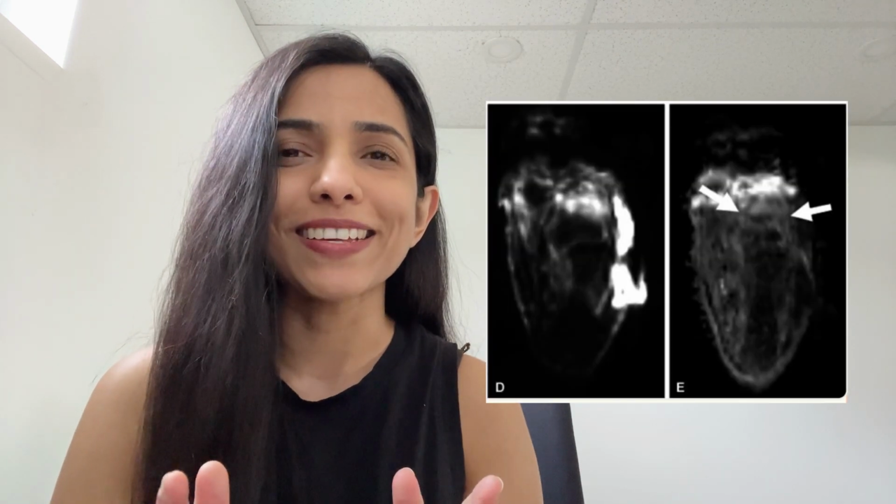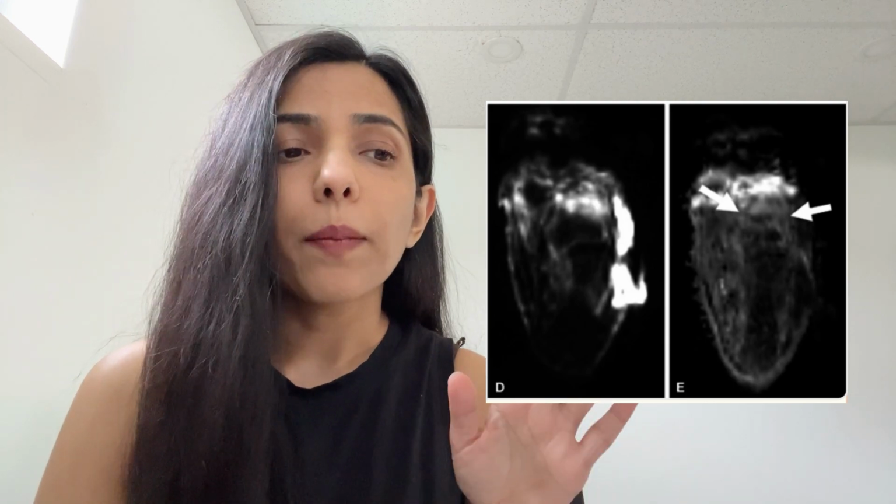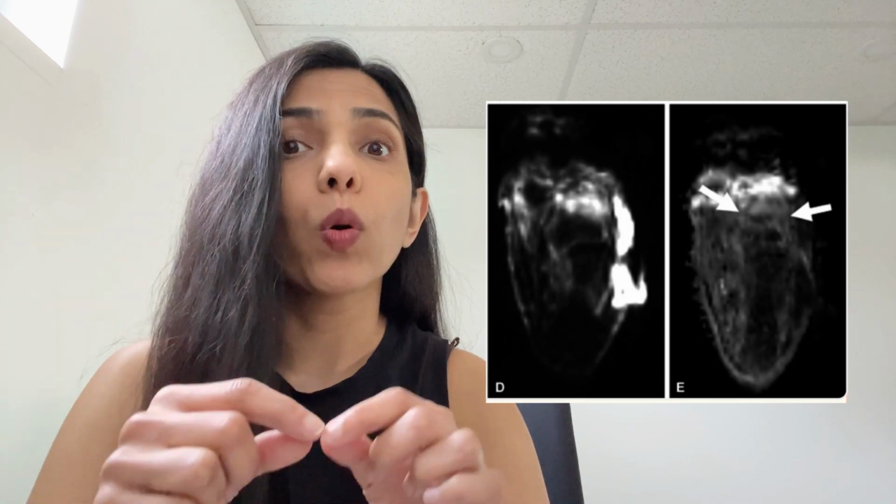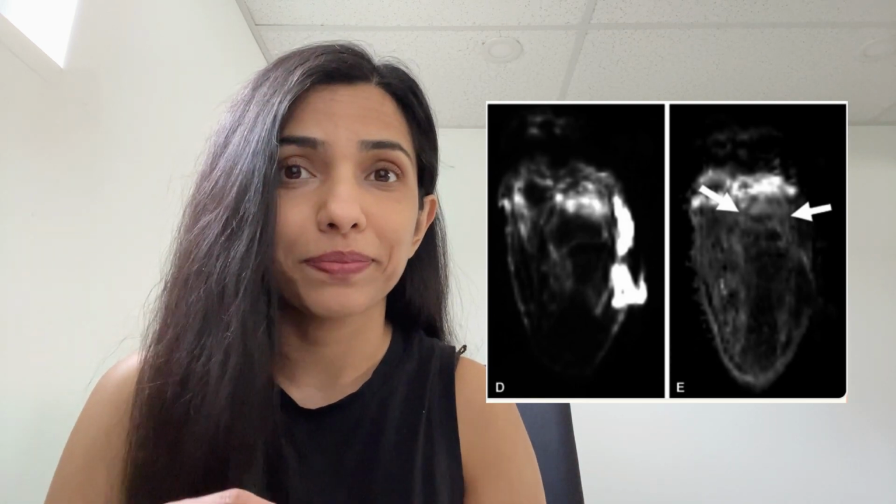So what this means is that the bones are usually dark on the ADC map, but if there is infection of the bone, it looks bright, and the bone and bone marrow outlines disappear.